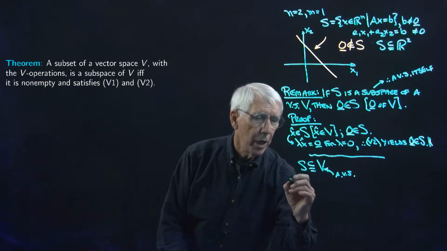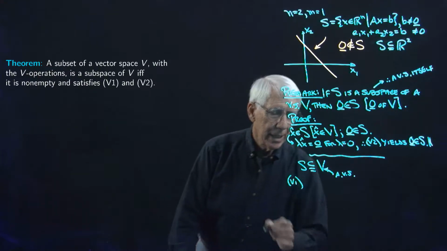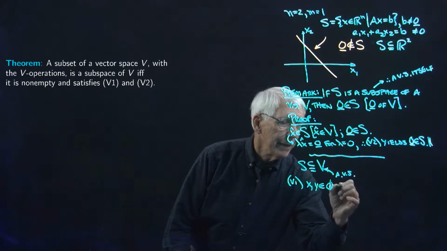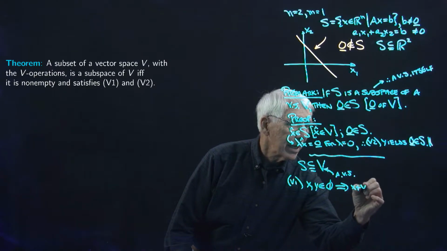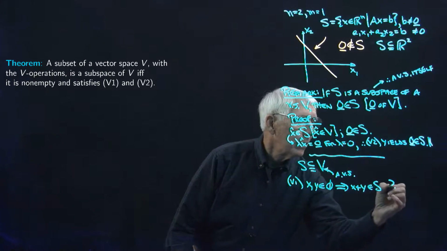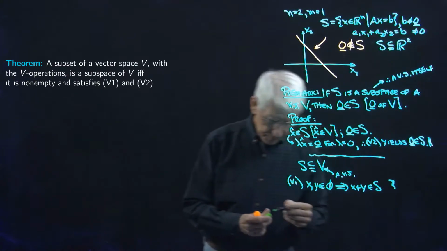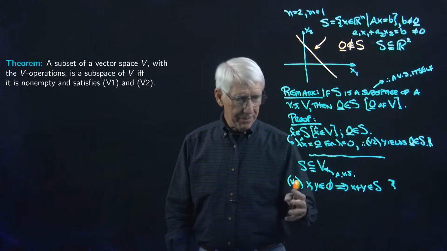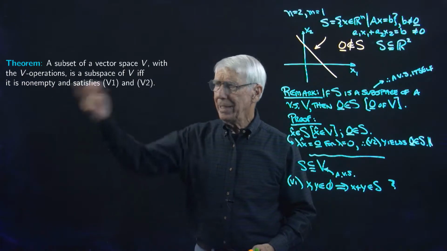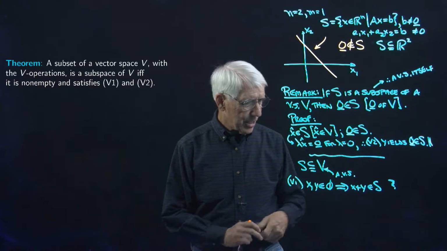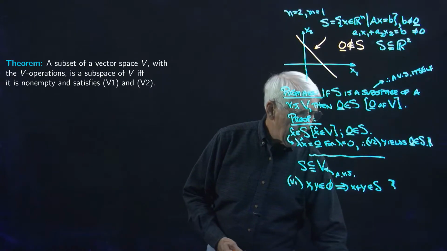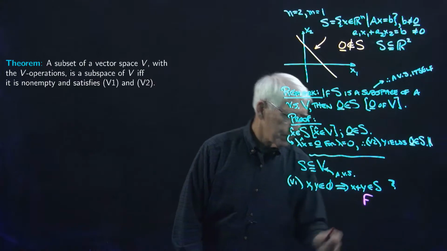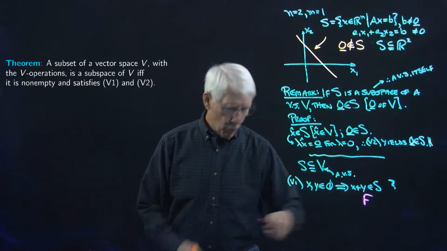So let's just look at V1 here and let's just ask, is it the case that if we have x and y in the empty set, that implies x plus y is in the empty set? Because if that can't be, and if the same thing if V2 can't be, then we don't need that non-empty part in there. Let's just check this. Certainly, the consequent of this implication is always false because no vector is in, whoops, that's supposed to be the empty set.